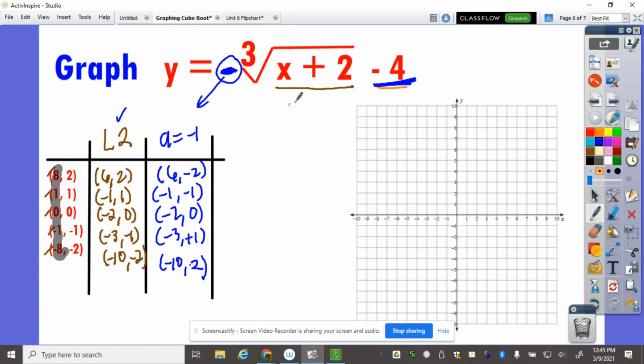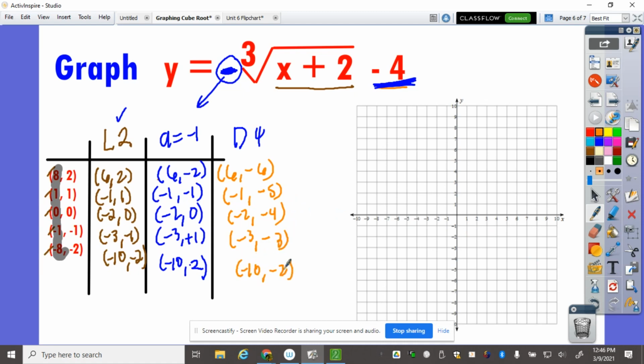Now we subtract 4 from the y value because of the minus 4. So it's going to go down 4. This gives us (6, -6), (-1, -5), (-2, -4), (-3, -3), since 1 minus 4 is negative 3, and (-10, -2).